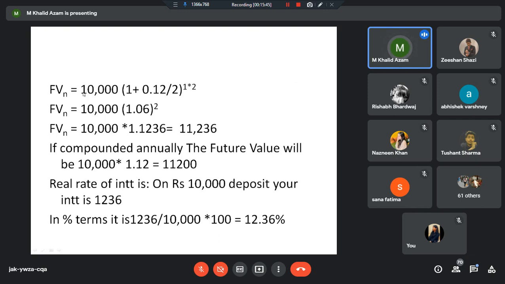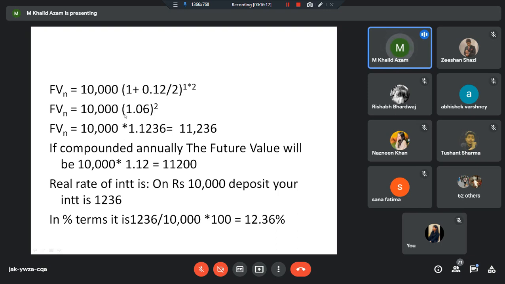Now see here, 10,000 deposited. This is your A. 1 plus the 12% rate. This is semi-annual, that means 12 divided by 2, and 1 multiplied by 2 because this is 1 year. So 10,000 into 1 plus 0.12 divided by 2, that is 0.06.